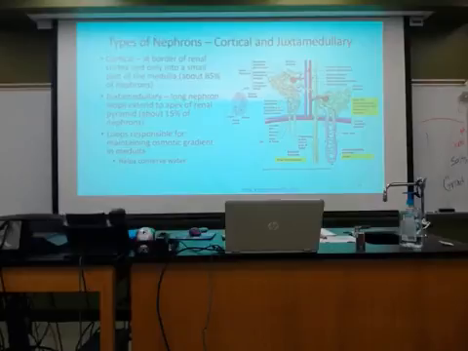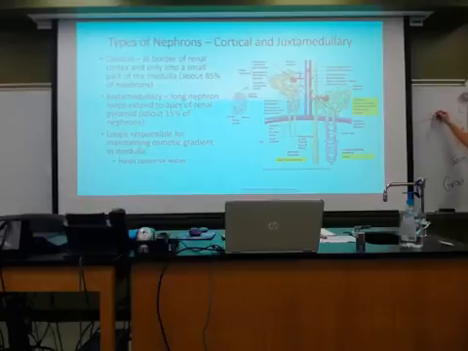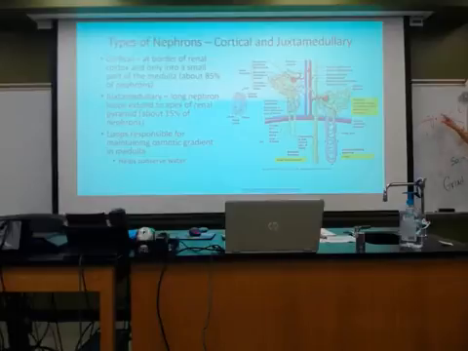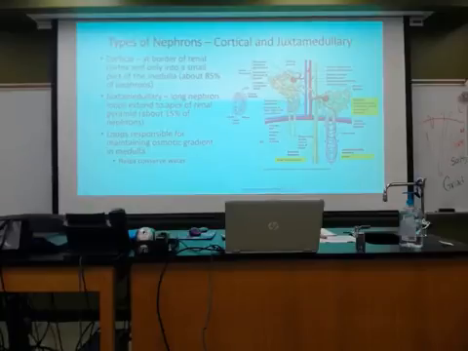Now, if I have some nephrons that are going to dip just a little bit, and then some that are going to do this number, okay? There's a reason for this. At the point when the fluid is moving through these tubes, okay? One of the things we need to make sure we do, help conserve water.